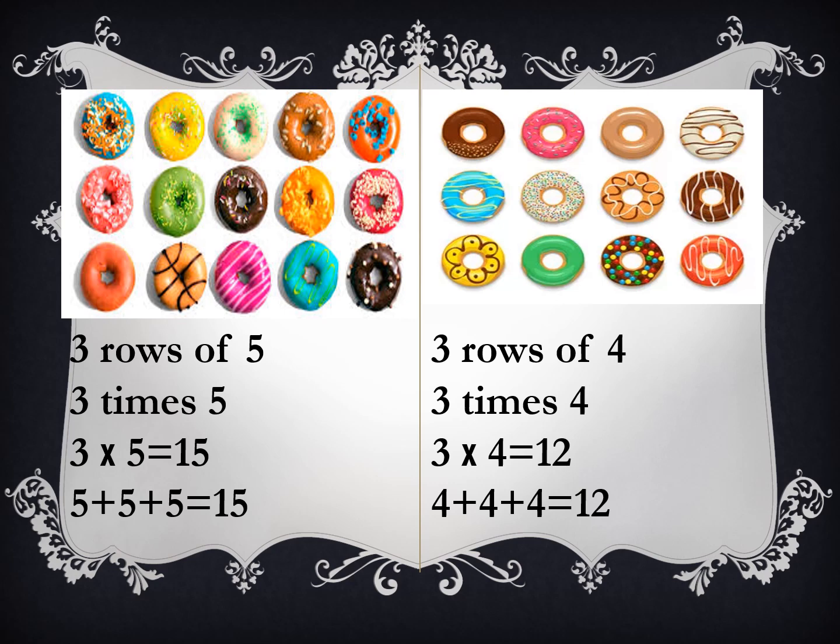Now look at the second array. Count the number of rows and columns. How many rows do you have? Excellent, there are 3 rows. How many in each row? How many donuts in each row?